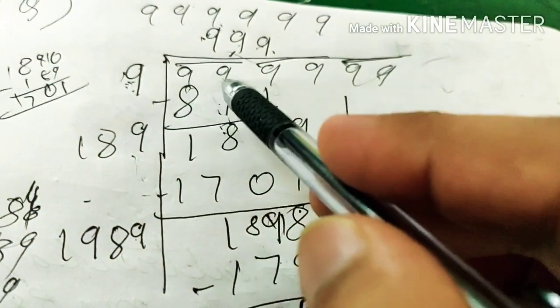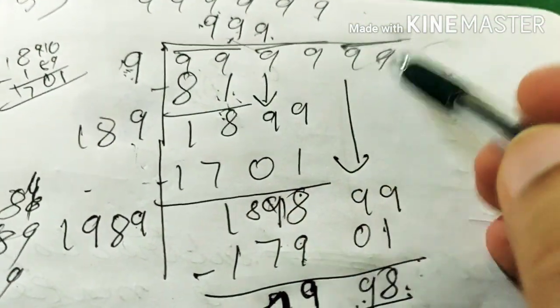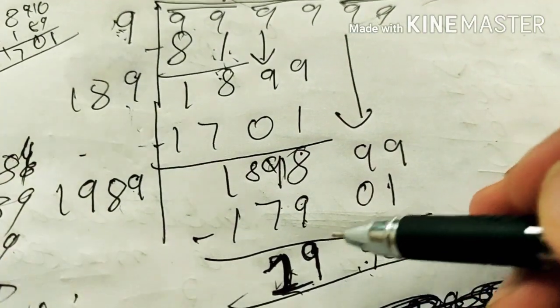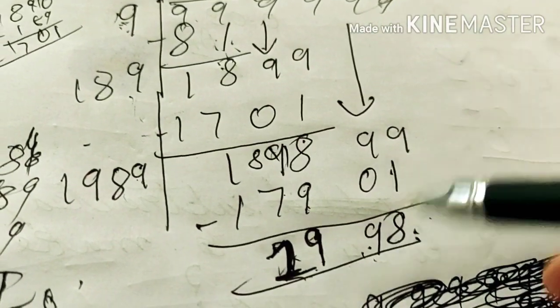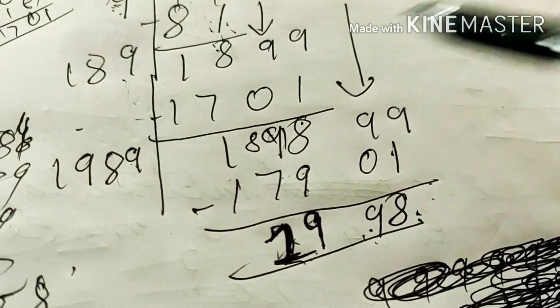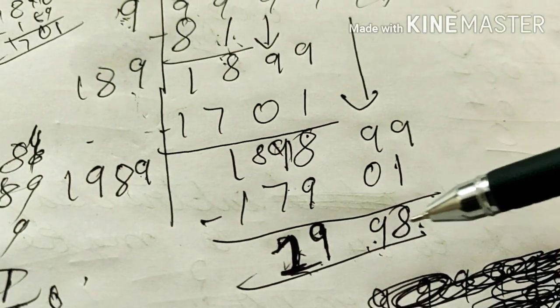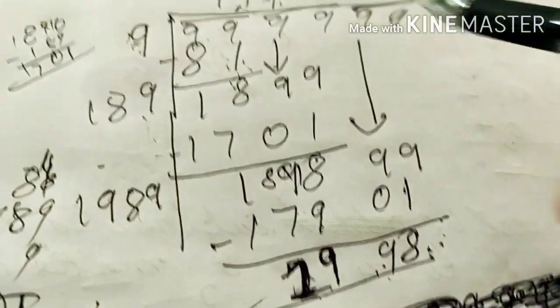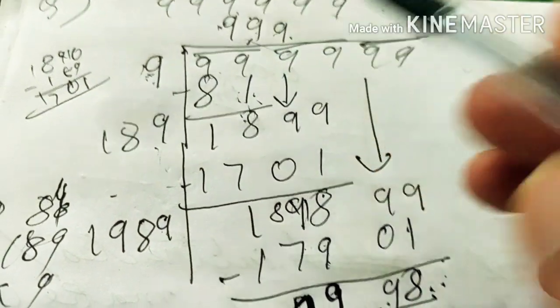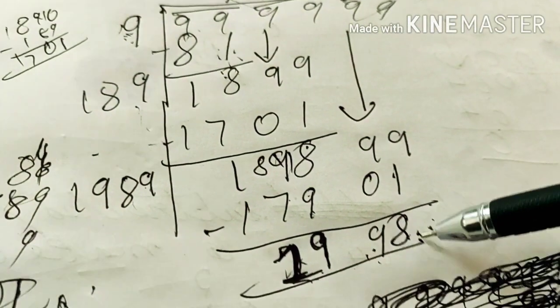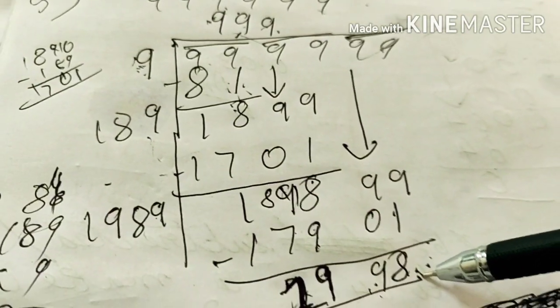Means 999999 is 1998 greater than a perfect square number. If we get the remainder 0, that means we will be getting a perfect square, so if we subtract this remainder, we will get remainder 0.